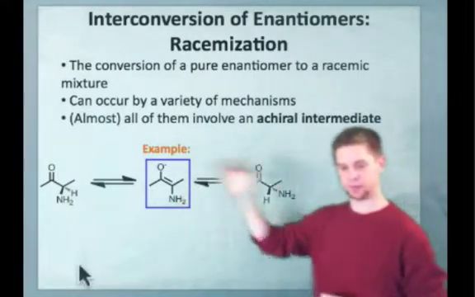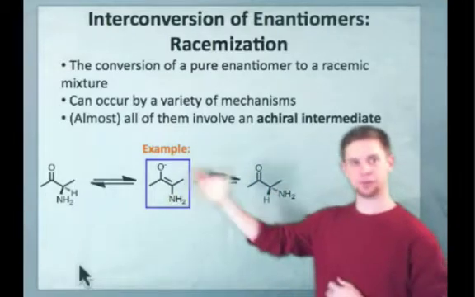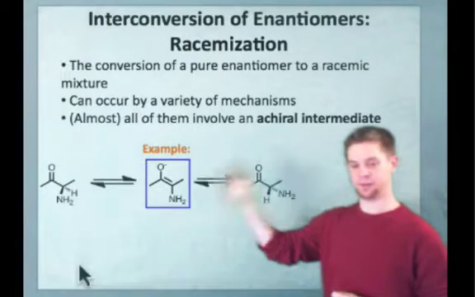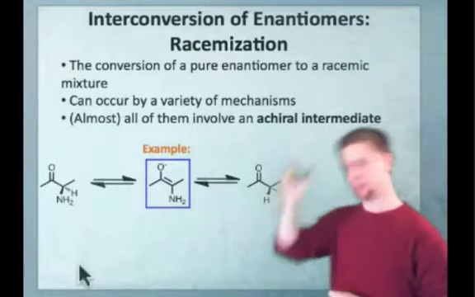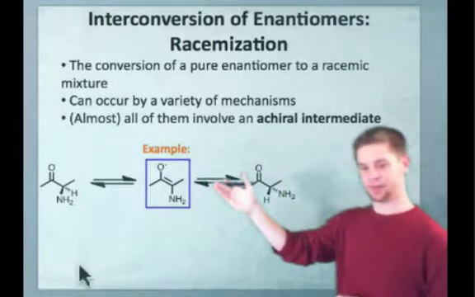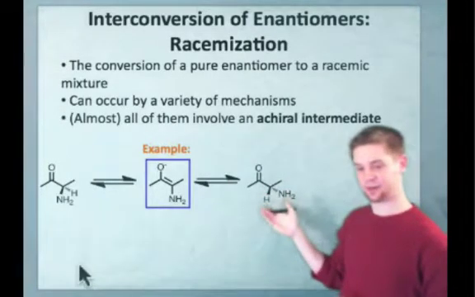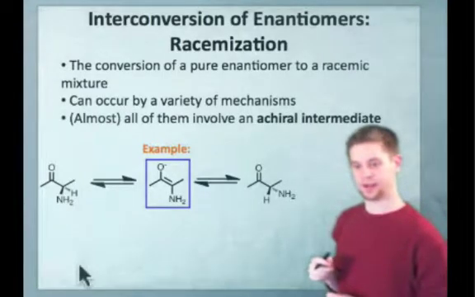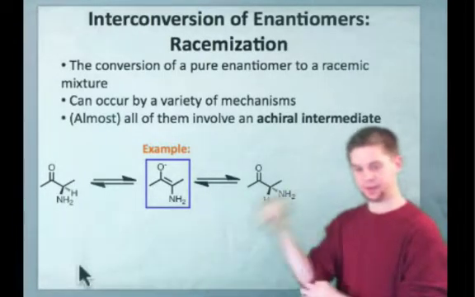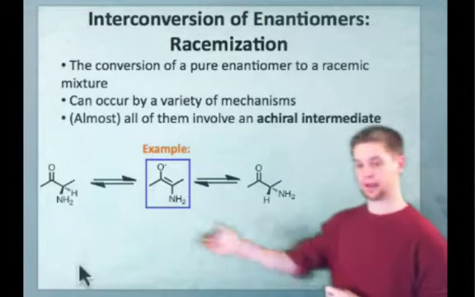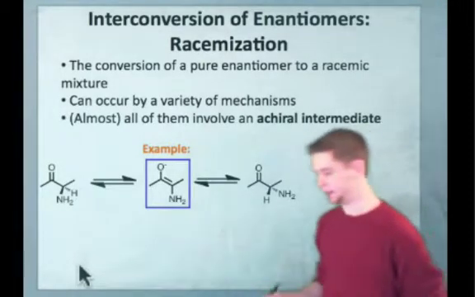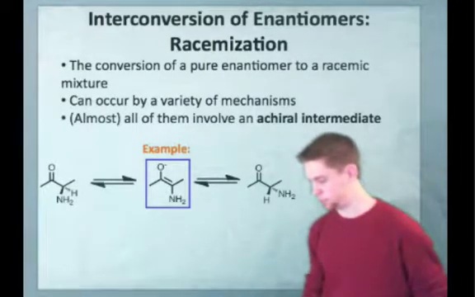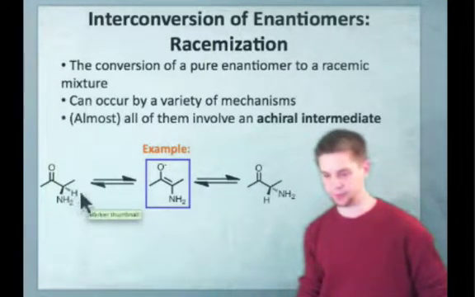So what you're looking at in the middle is actually a planar molecule. It possesses a plane of symmetry that's in the plane of the board, hence the blue box. And reprotonation of this achiral intermediate from the other side will generate the enantiomer of the starting compound. So take a minute, convince yourself that those two are enantiomers, and what you'll see is that this is essentially a racemization pathway that proceeds by deprotonation of that key hydrogen, followed by reprotonation of the resulting enolate on the other side.